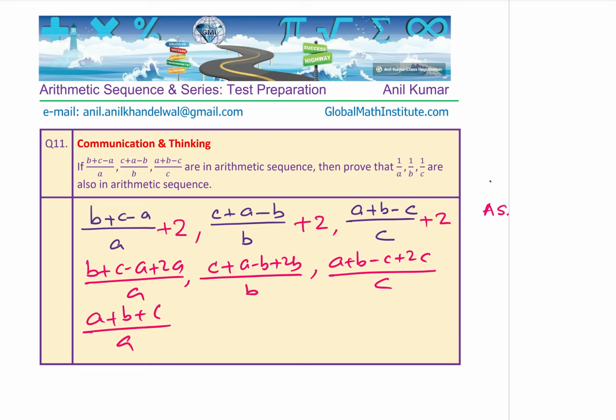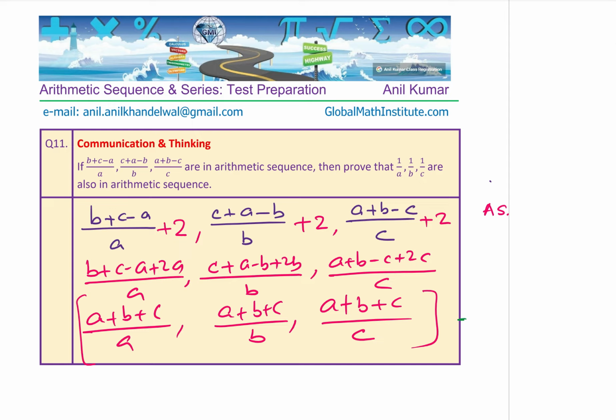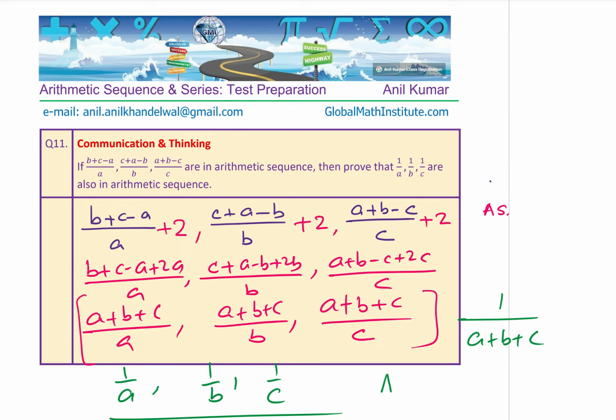I'm rearranging and writing like this. Here also, we get minus b plus 2b is b, right? So you could write this as a plus b plus c over b. And this can also be written as a plus b plus c over c, correct? And now you can divide everything by a plus b plus c, right? So if I divide everything by a plus b plus c, I get 1 over a, 1 over b, and 1 over c, and they should also be in arithmetic sequence. Is that clear to you?